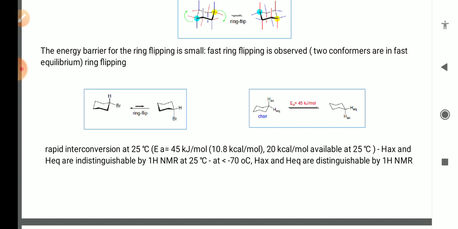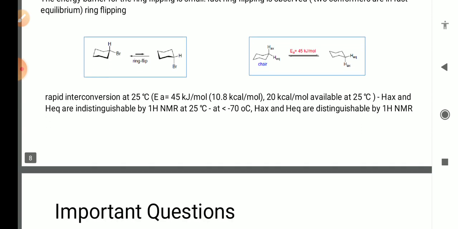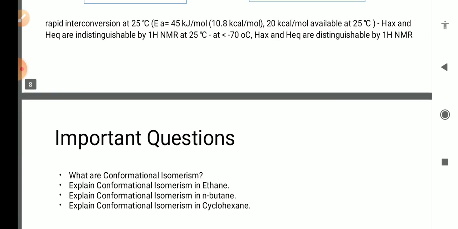HAX means axial hydrogens, and the equatorial hydrogens here are indistinguishable by proton NMR at minus 70 degrees centigrade, hexane equatorial by the NMR. So it requires the 45.